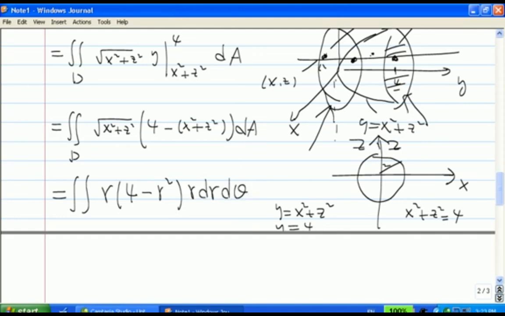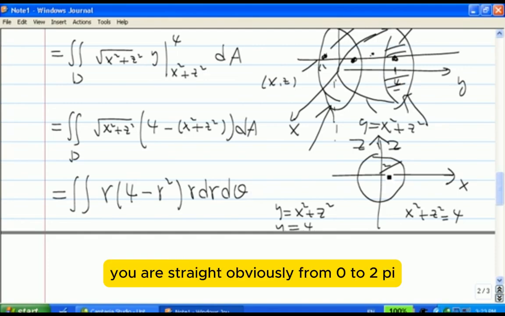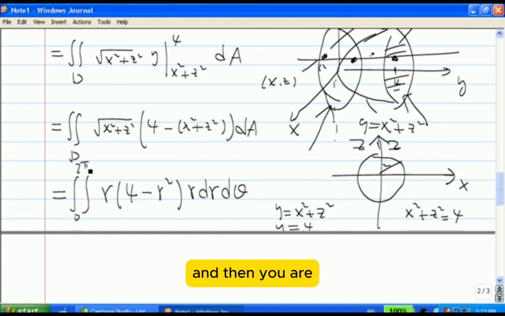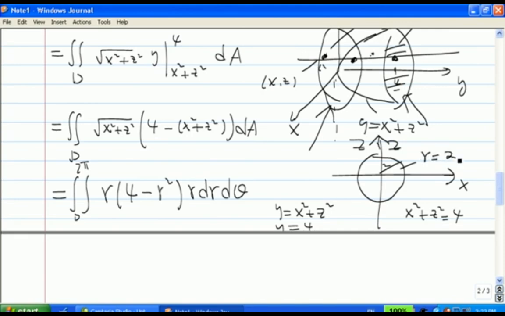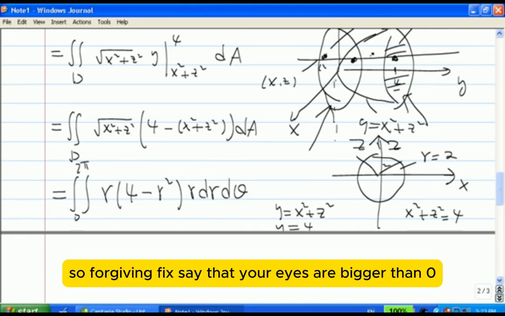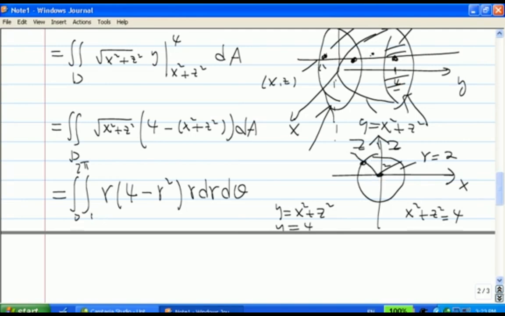For this region, your theta is obviously from 0 to 2 pi. And your r, this circle formula in polar coordinates is r equal to 2. So for a fixed theta, your r is bigger than 0, less than 2 always.